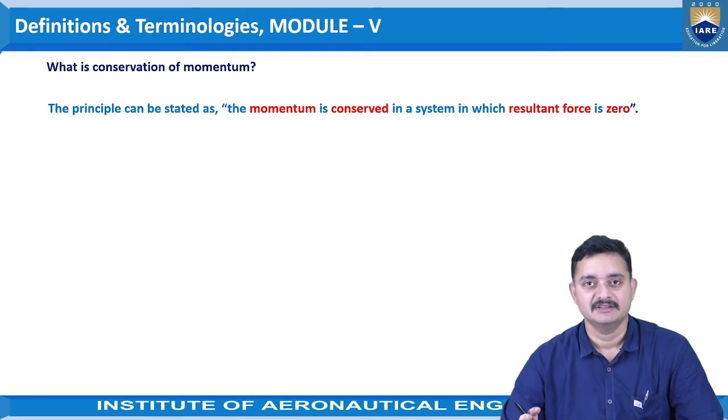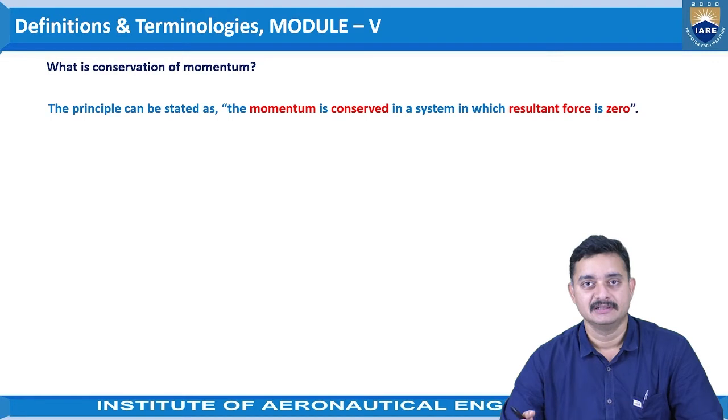One is the ball getting into contact with the wall, that would be the action case, and the wall acting with the opposite force onto the ball would be considered as the reaction case.